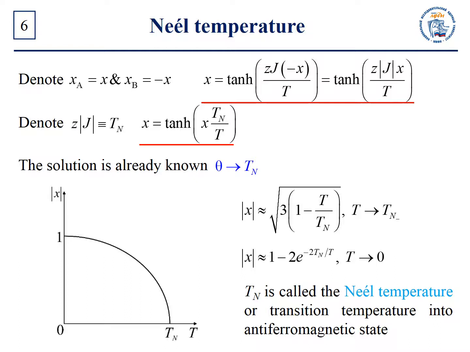At temperature equal to Tn, the phase transition takes place, and the order parameter becomes non-zero. All formulas that we obtained for ferromagnets are valid by replacing the Curie temperature theta with Tn. The value Tn is called the Néel temperature, or transition temperature into the antiferromagnetic state.